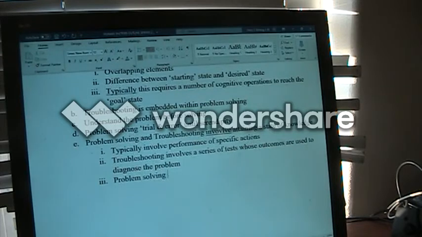Problem solving involves actions to implement the solution.